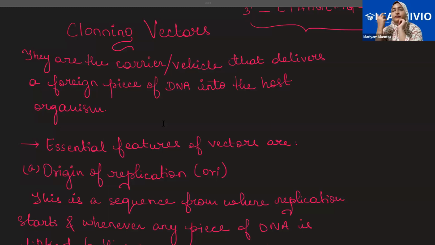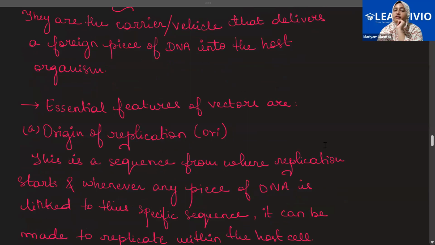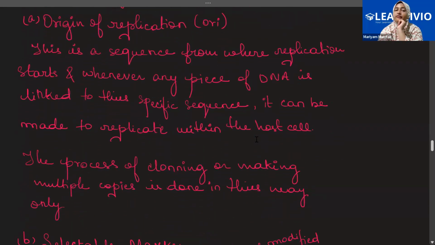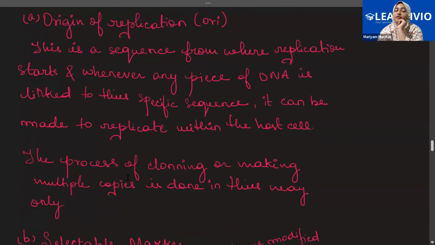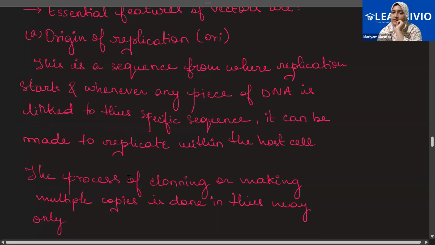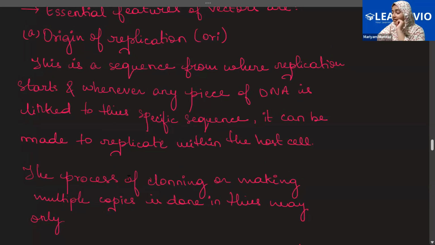Now, there are some features that cloning vectors must possess in order to be considered a proper vector. The first thing is the origin of replication. Obviously, because vectors must be able to replicate, meaning make multiple copies.